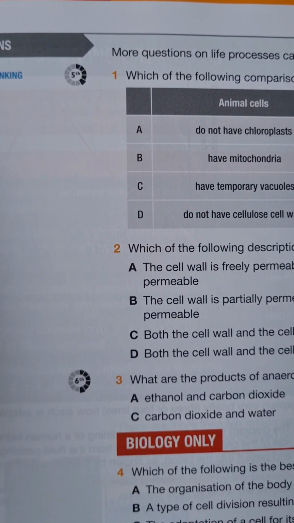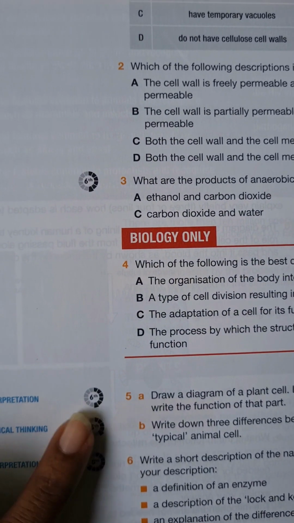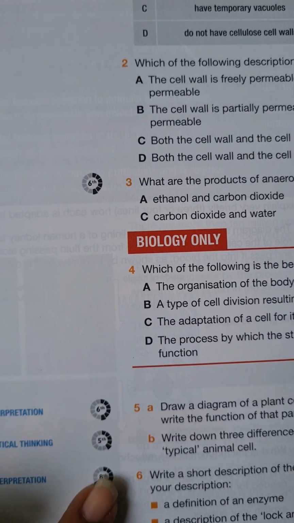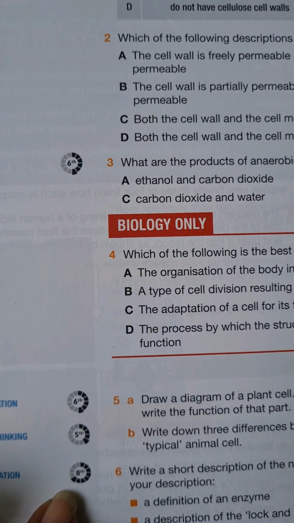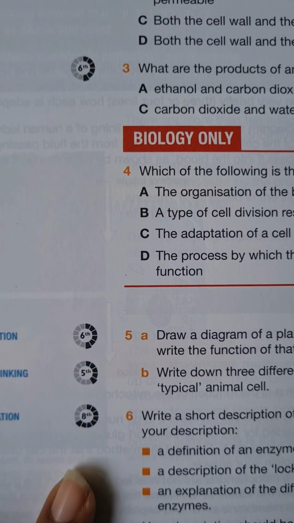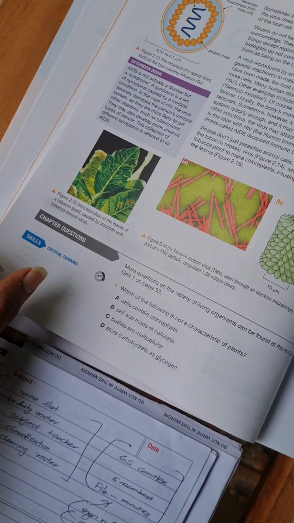When it becomes a very difficult question, this progression icon can go up to 12 degrees. So if it is a 12 degree question, it means the question is much harder, right? If this is an 8 degree question, it means the question is a little harder, right?